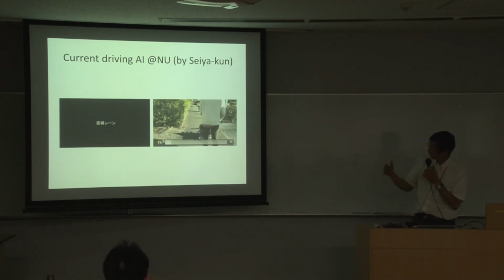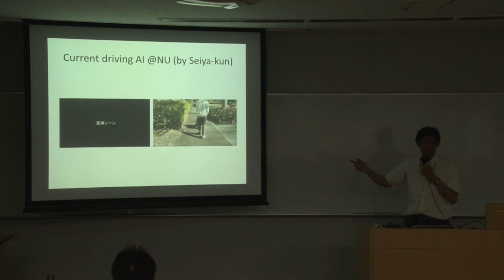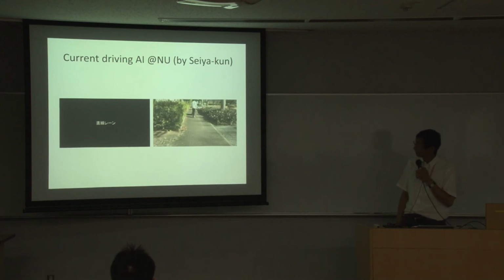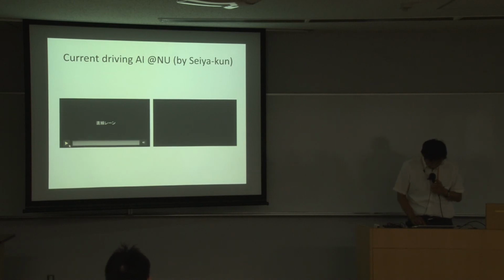So he has programmed that unmanned vehicle to go straight on the green road, the green belt. And finally, he trained that system. And let's see what happened based on that training.